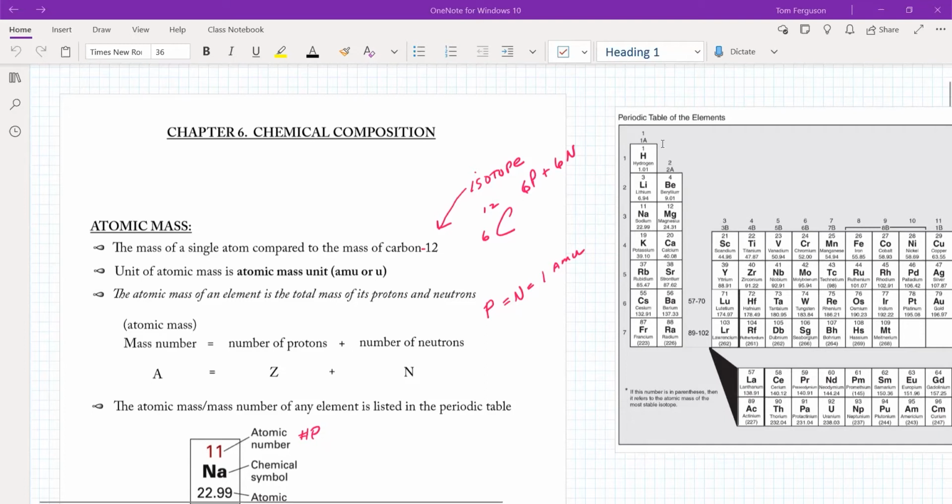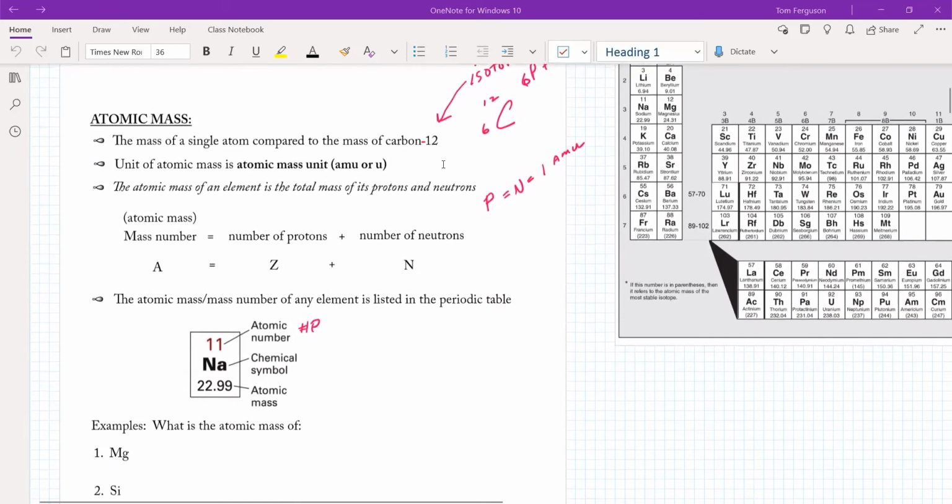Okay, so some of these terms we've already talked about, and we're going to get into them in significantly more depth. There's a common term called atomic mass. And what that is, a while back, 120-ish years ago, we had to figure out a way to reference compounds in terms of their mass.